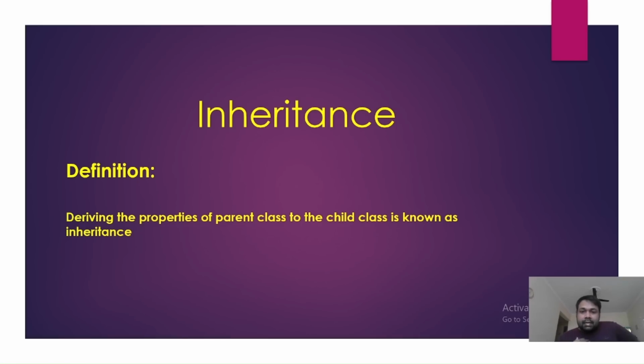The child can access the properties of the parent. The concept is similar. You have some property, and you cannot access the property of somebody else unless it is your parent, right? So that is what inheritance is related to.